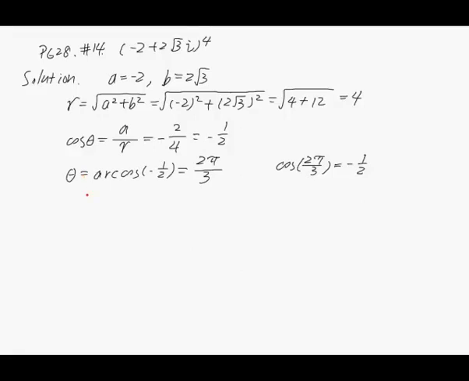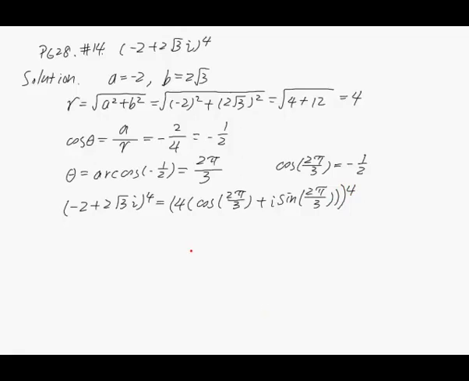Now let's get the fourth power of this negative 2 plus 2 times root of 3 times I. So we convert this complex number into the trigonometric form. So we have the modulus 4 times cosine of the 2 pi over 3 and plus I times sine of 2 pi over 3, and then whole thing to the fourth power.